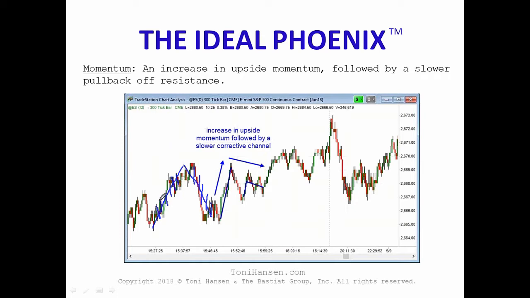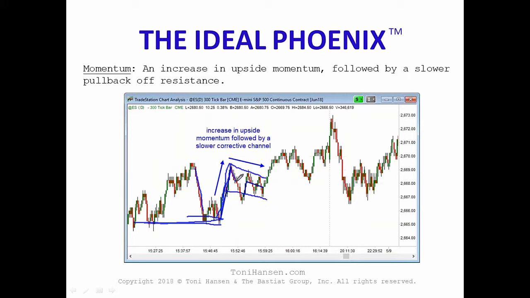A lot of times that means overlap as it's heading higher, and very little overlap on the way down. If there's not much overlap, then that tells me that the momentum is stronger than average. So for a Phoenix, what we want to see is average to stronger than average upside off of a support level, and then more gradual overall momentum on the correction.